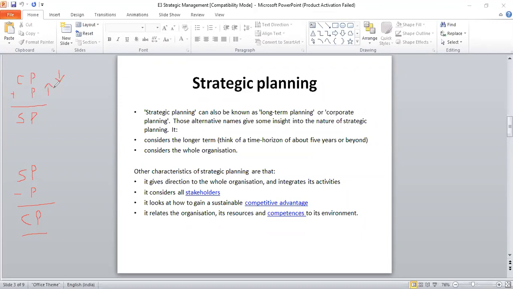A strategy is not just framed according to the desire of the people at the top level, some statement about becoming the number one company in that industry or something like that. A statement is not sufficient.